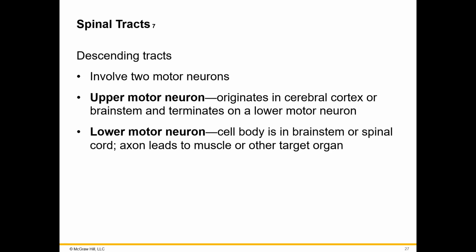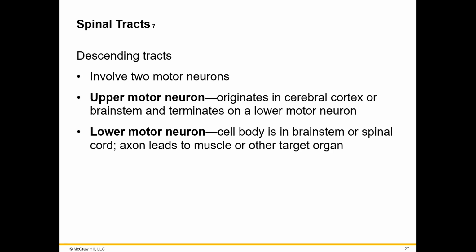So upper motor neuron damage, you will see the patient stiff, while lower is going to be so flaccid. The upper motor neurons are descending, so they don't come from the horn. They target the anterior, the ventral horn. They involve two motor neurons.